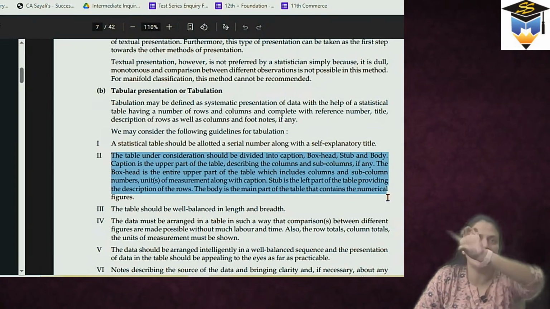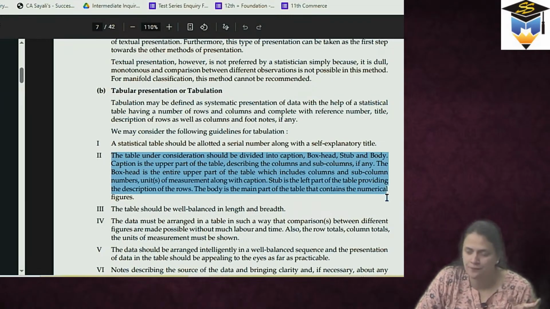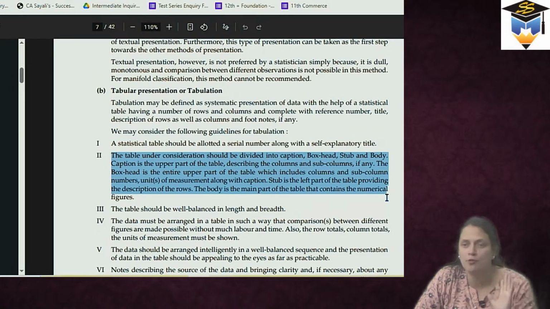Caption means the upper part of the table, which will give us the heading of that table. The caption will describe the columns and sub-columns if any. The box head is the entire upper part of the table, which includes columns and sub-columns. Units of measurement are written along with the caption.